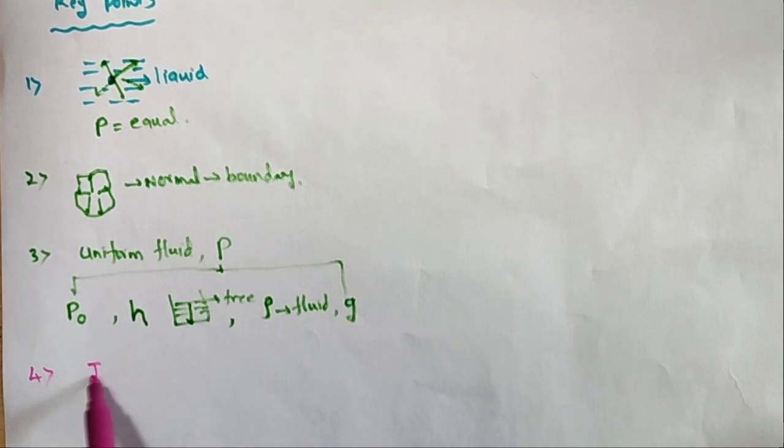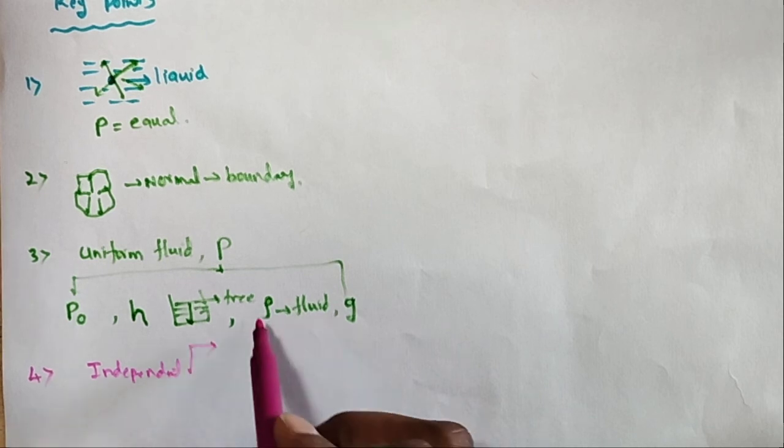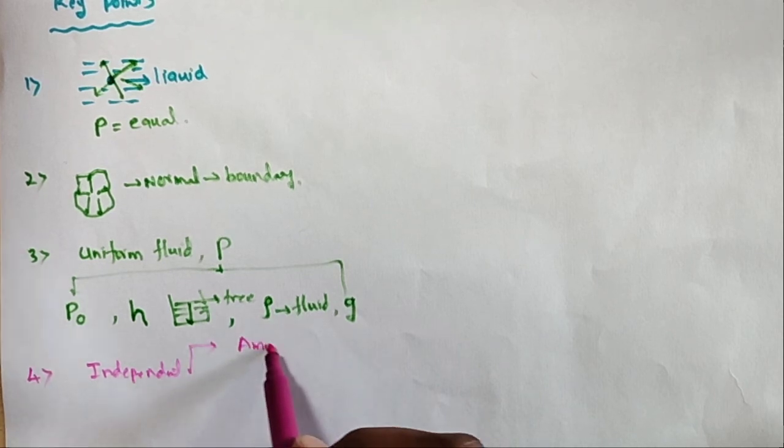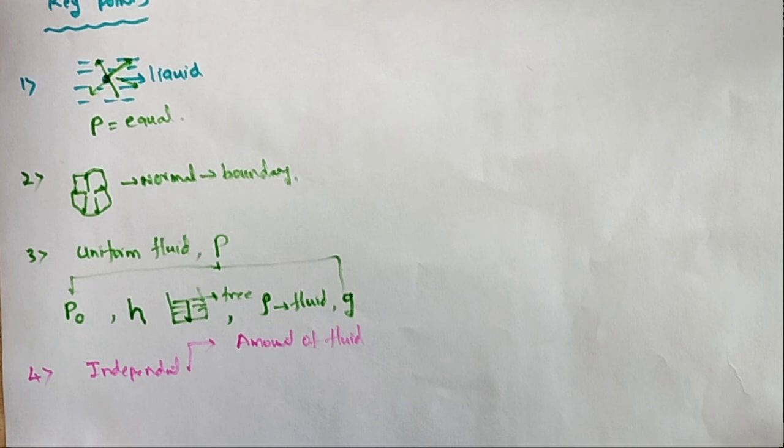Here I am taking what the pressure is independent of. It is independent of the amount of the fluid. Any amount, the pressure will be the same. The amount of the fluid is independent.